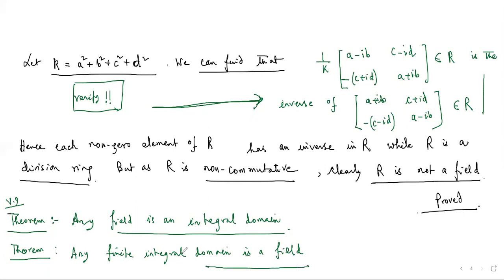Any finite integral domain is a field. So an extra condition is there: it is finite. So a field is an integral domain, but not every integral domain is a field. But if you consider a finite integral domain, then it becomes a field.